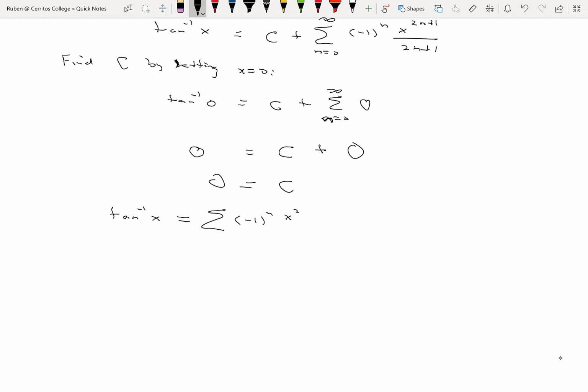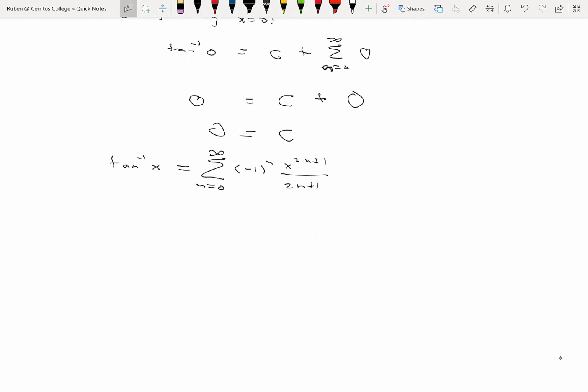This is saying that my inverse tangent function is this power series. Let's write out a few terms of that series. The inverse tangent of x equals, when n equals 0, I have x.